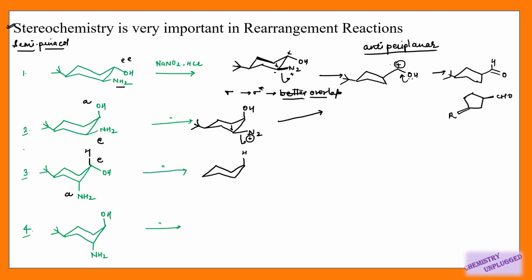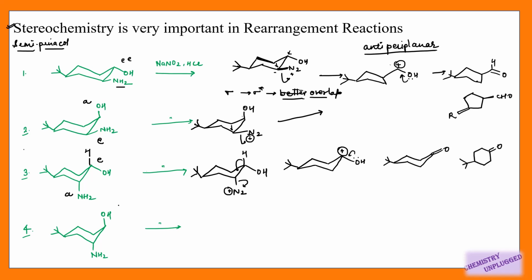This carbon-hydrogen bond will break and the hydrogen will shift here, and N2 will be removed. We will get a positive charge on this carbon. Now oxygen can stabilize it, so we will get this molecule.